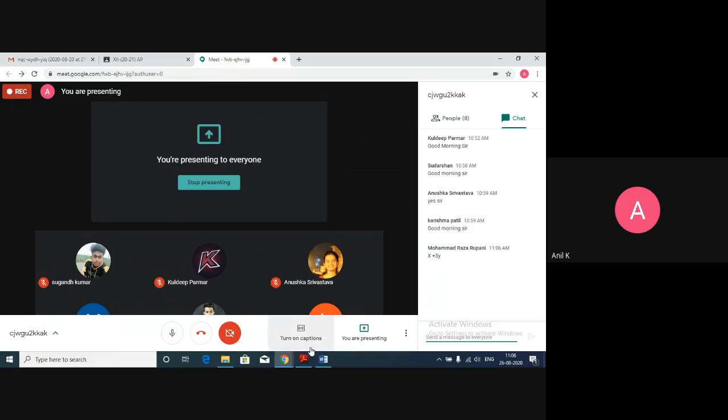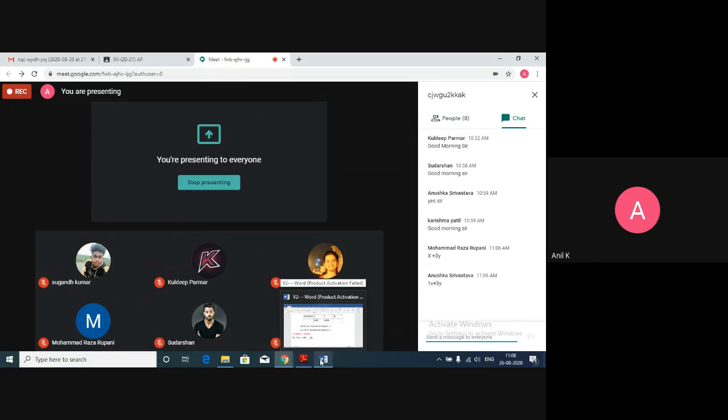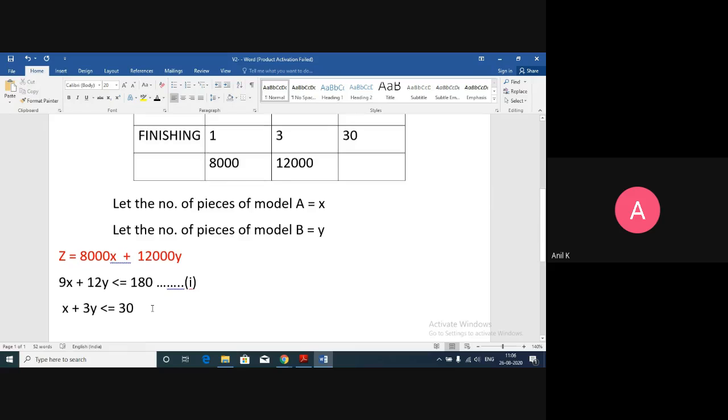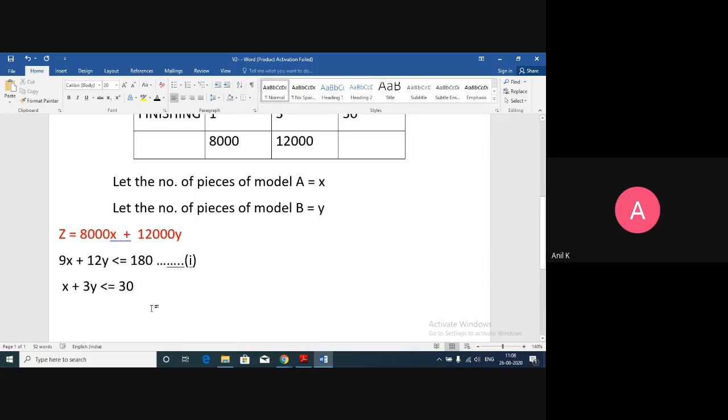Muhammad says X plus 3Y. Yes. So it will be X plus 3Y, and this should also be less than or equal to 30. Okay, I think this is taken care of. X plus 3Y is less than or equal to 30. You can call this equation number 2.